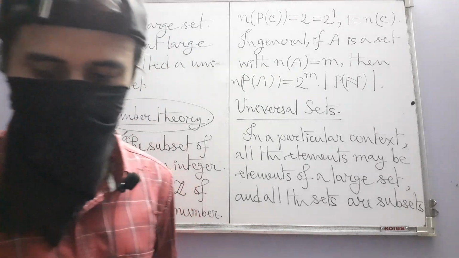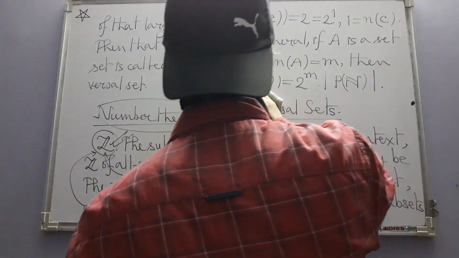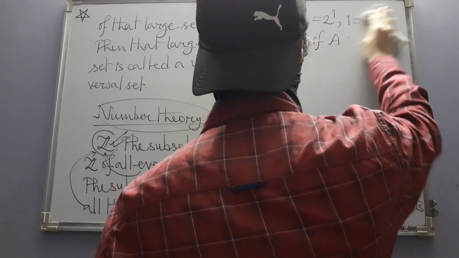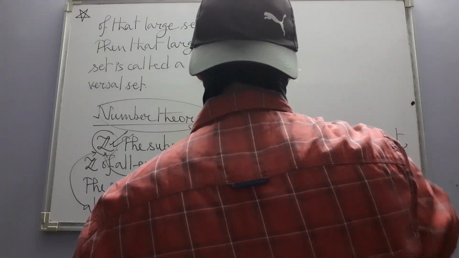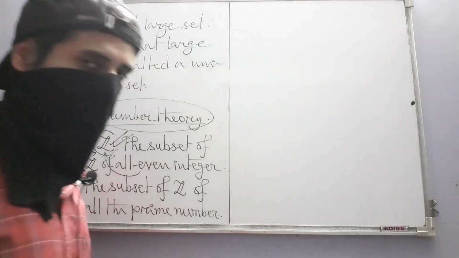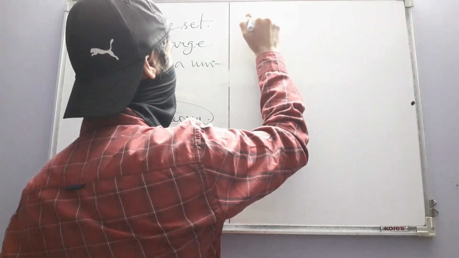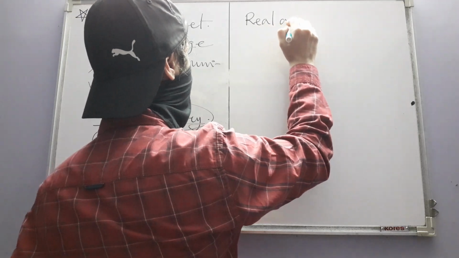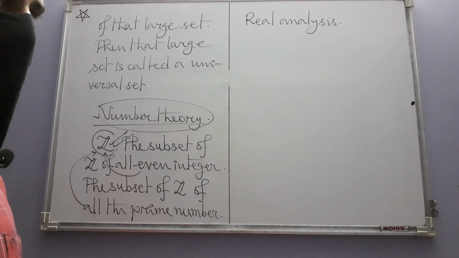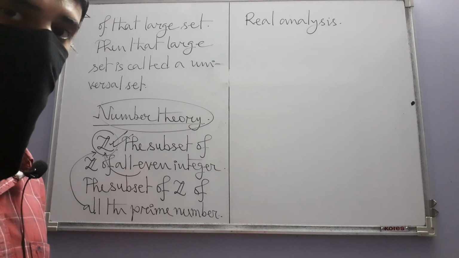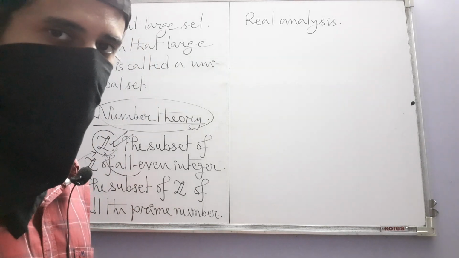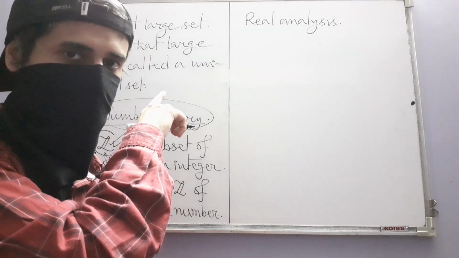Instead, if you have a discussion about real analysis, which is another area of mathematics, an extension of the subject calculus, then at an elementary level, all you will be talking about are real numbers, sets of real numbers, subsets of real numbers. For example, we have already seen some subsets today.